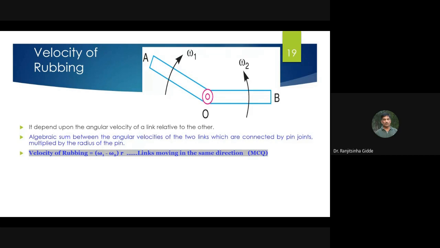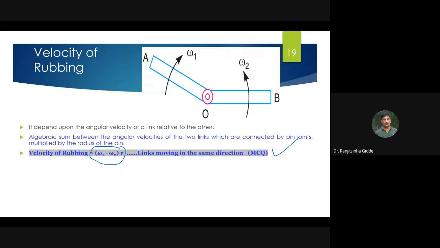Now, one more point I have mentioned here. What is that point? The velocity of rubbing is equal to omega 1 minus omega 2 into radius when links are moving in the same direction. This will be asked for MCQ.